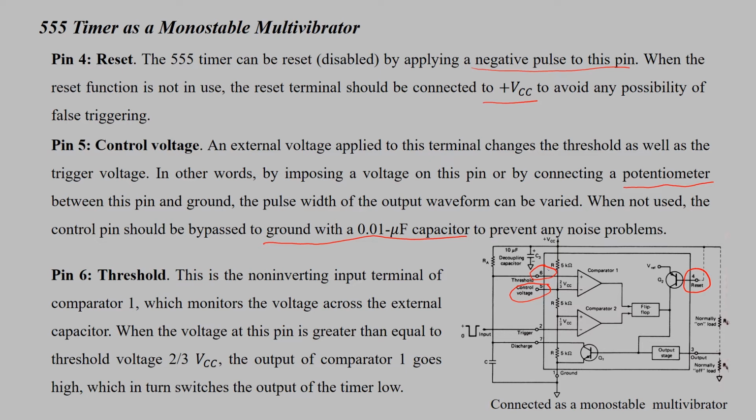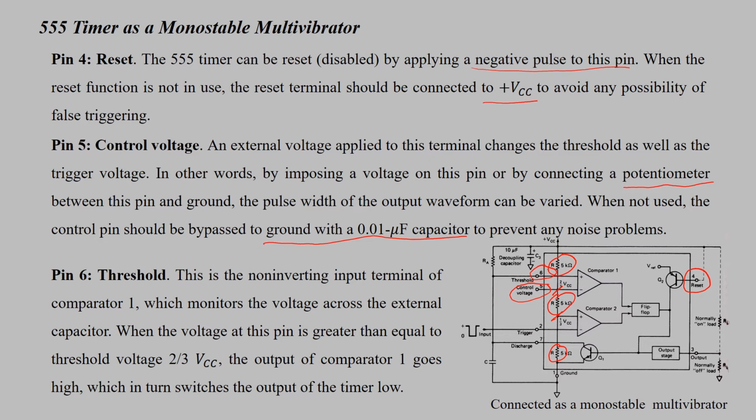Now we have these three 5K resistances, and that is the reason which gives me voltage here as 1/3 VCC and here as 2/3 VCC, just by considering that this is a voltage divider.